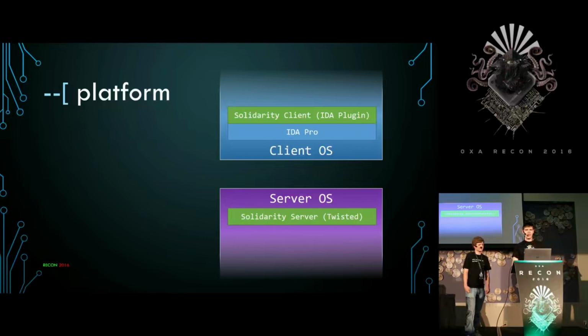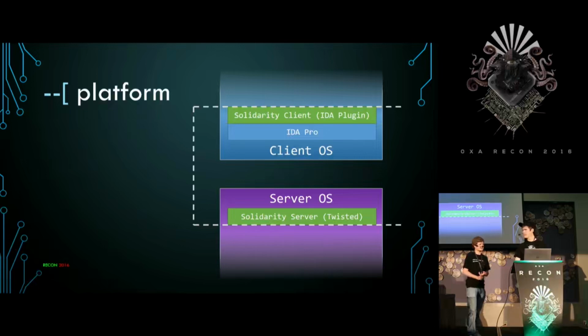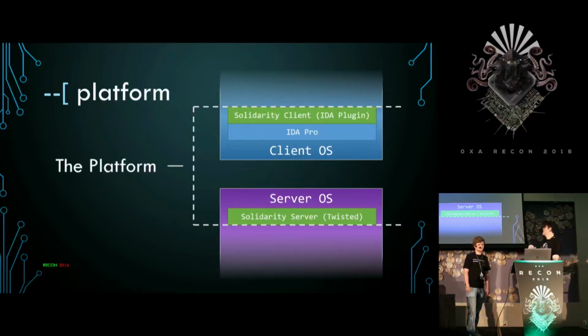And then on top of the server and the client, we're able to extend them with modules. So we have the plugin, which is built on top of IDA Pro, which is what we call the SolIDArity client itself, and then the SolIDArity server. And this whole getup right here is the platform.